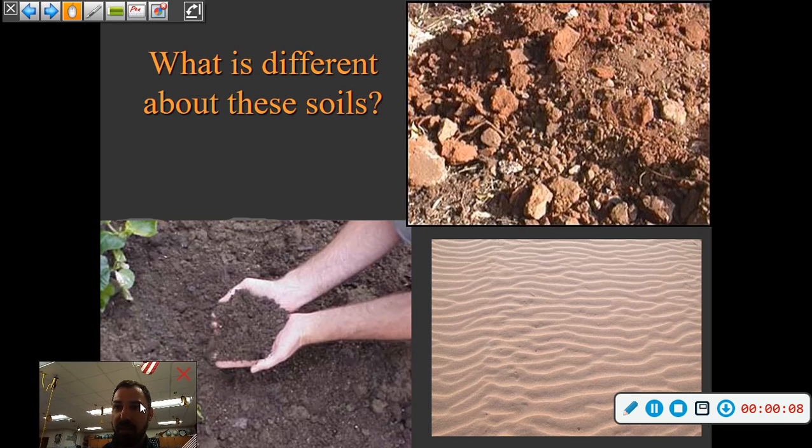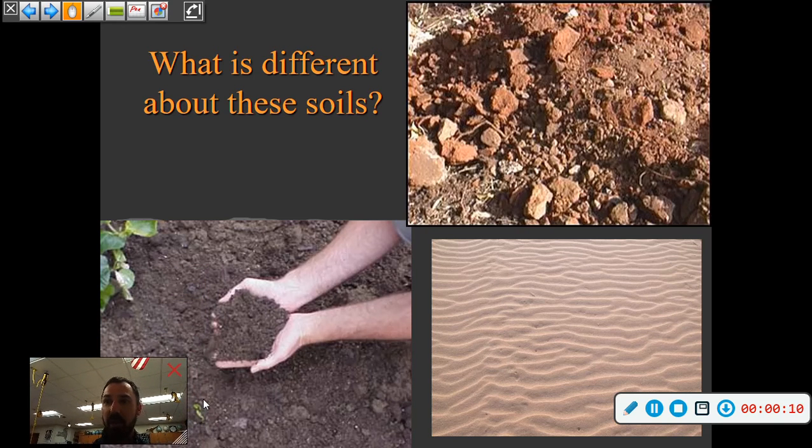Alright, first off, I want to start with these three very different types of soil. Obviously, you can see different things about each of these. Number one, their color. Color can tell you what minerals are present. It also can tell you what's maybe extra present in the soil. We're going to talk more about that in a moment.